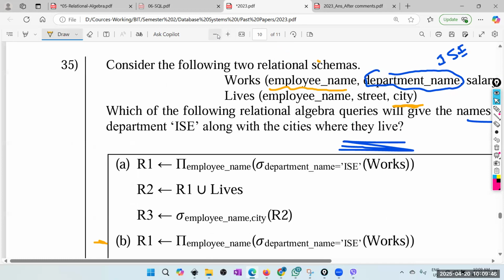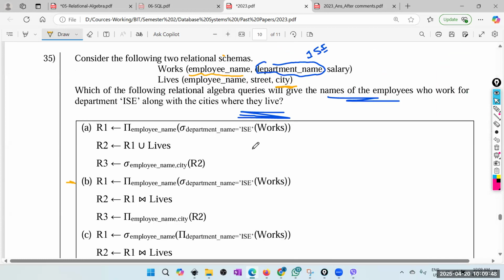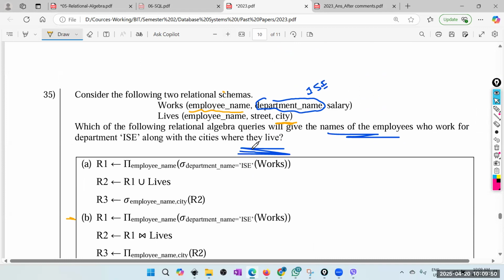Okay, so let's see with the first one. From the works table, you filter out records where the department name is ISC. That is okay. And you take only the employee name. Now when you have only the employee name, you can still join using employee name, so that is also fine.